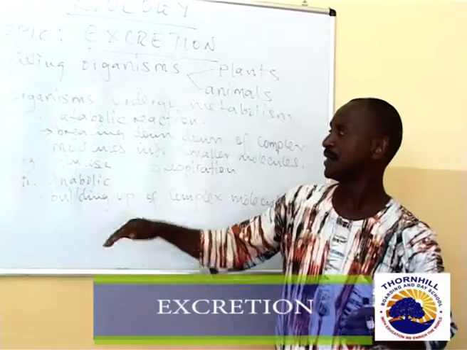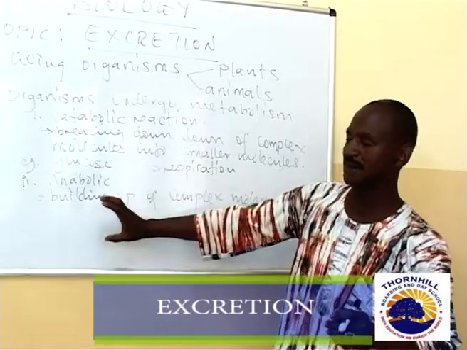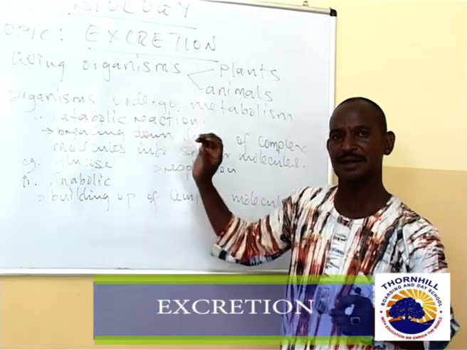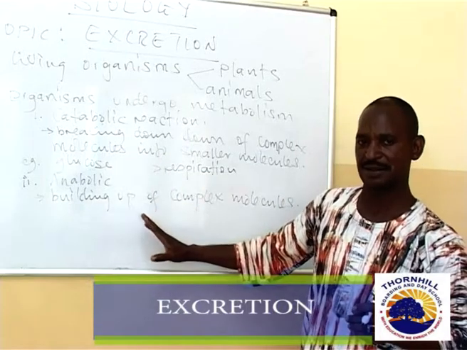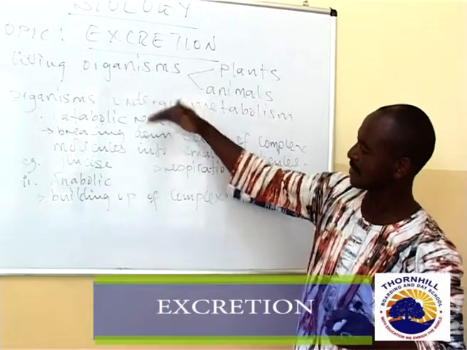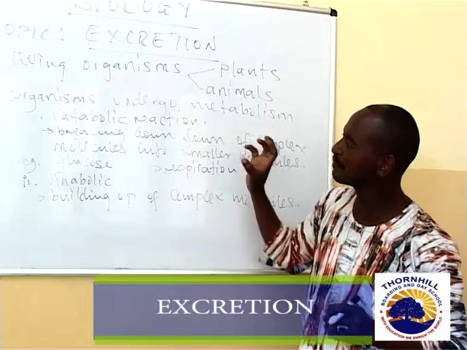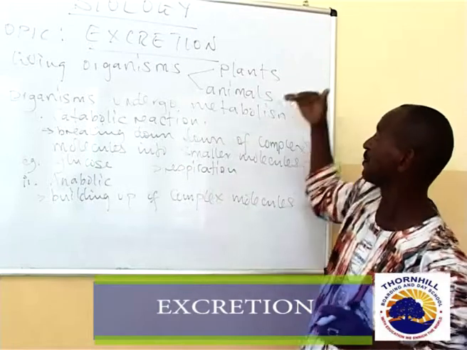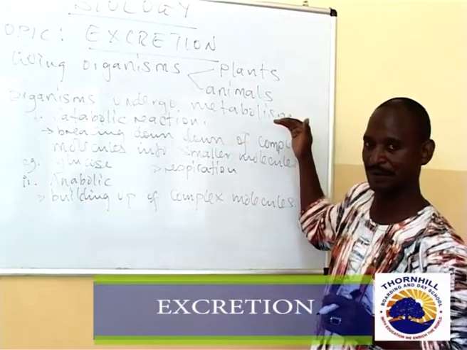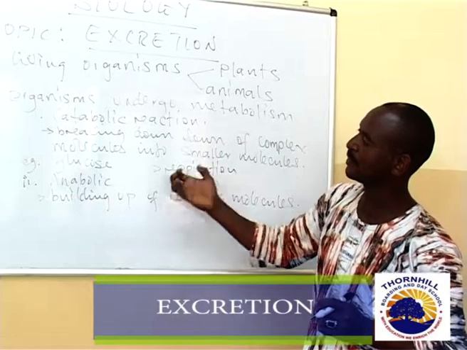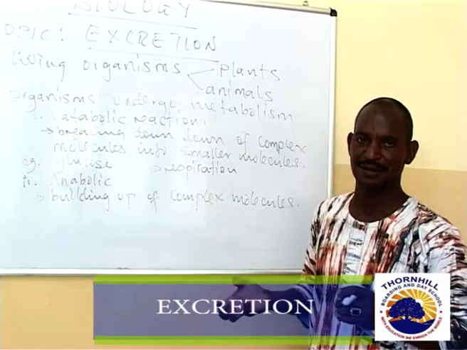Now we find that in these metabolic reactions, there are always end products which are not necessarily wanted by the body of that given organism, either a plant or an animal, and which are supposed to be taken out of the body.